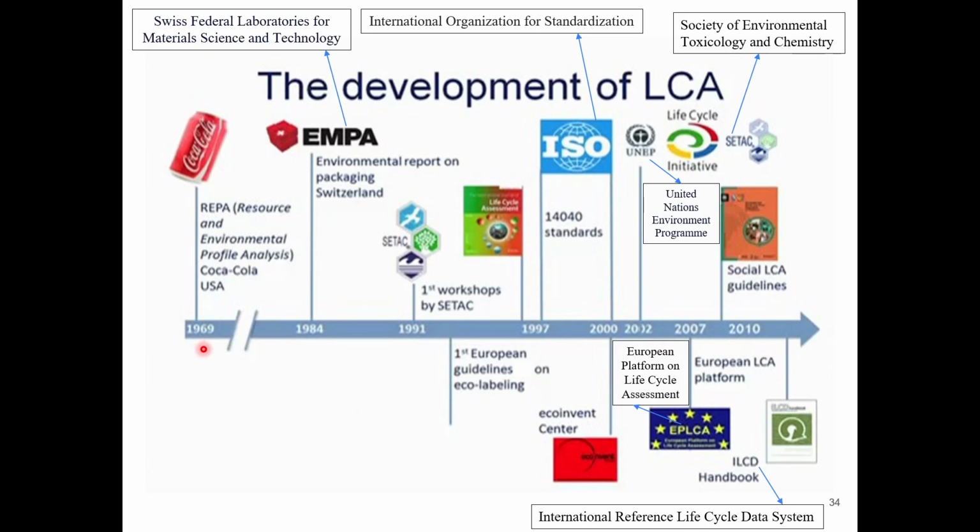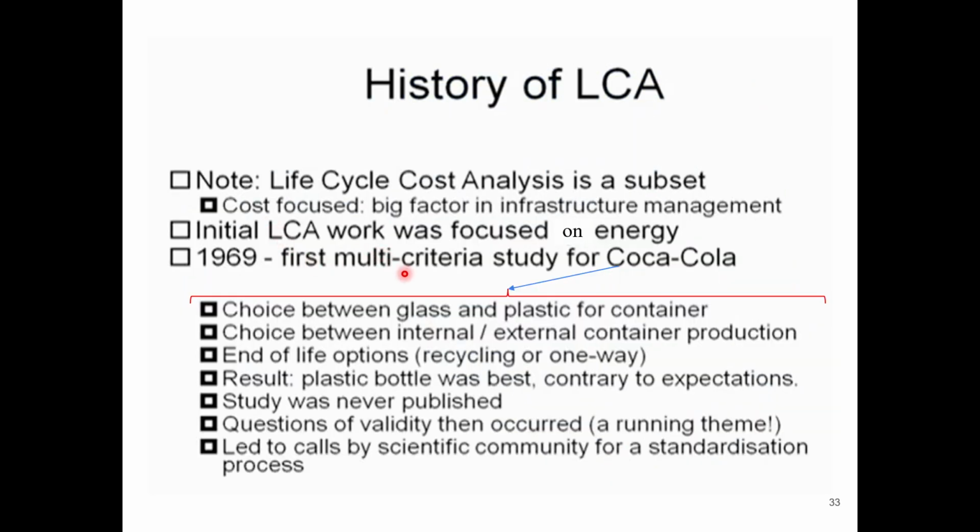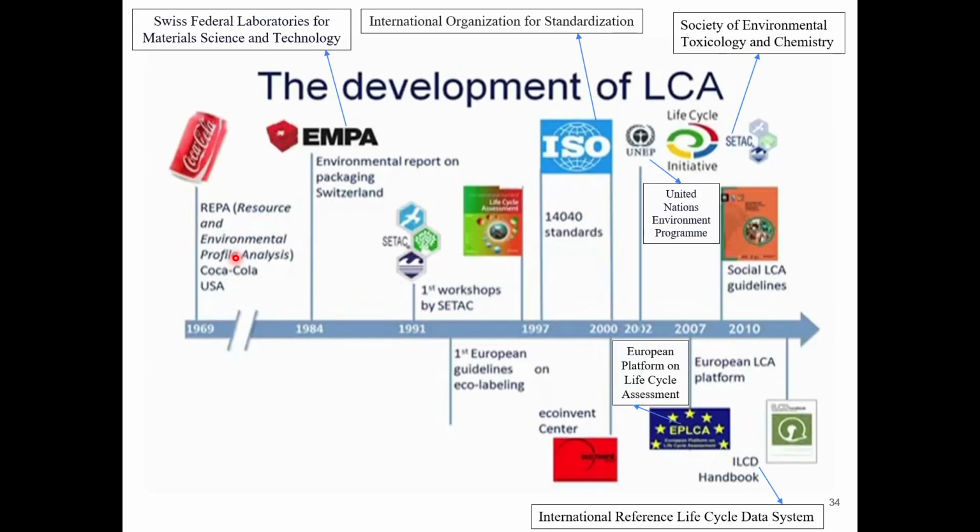In 1969, scientists in Coca-Cola performed a multi-criteria study, done by REPA, that is Resource and Environmental Profile Analysis, of Coca-Cola in the USA. After that, in 1984, EMPA, the Swiss Federal Laboratories for Material Science and Technology, prepared an environmental report on packaging for Switzerland.